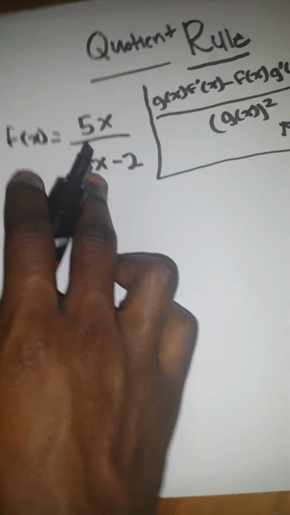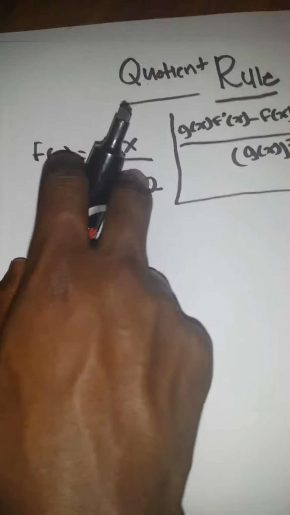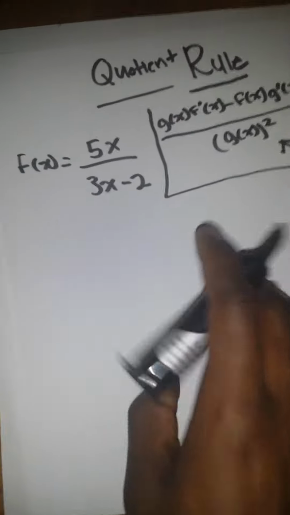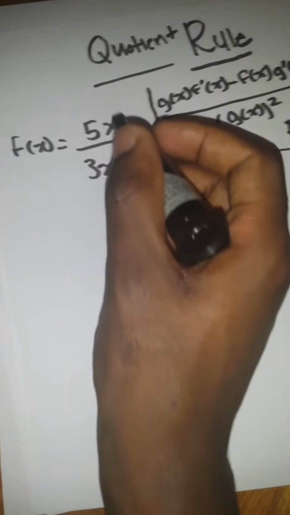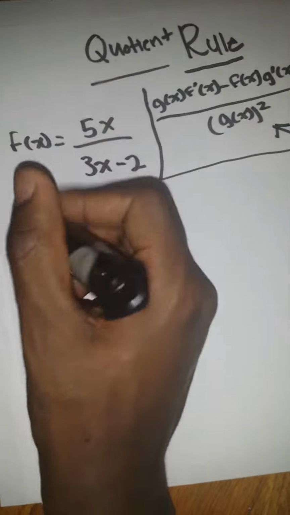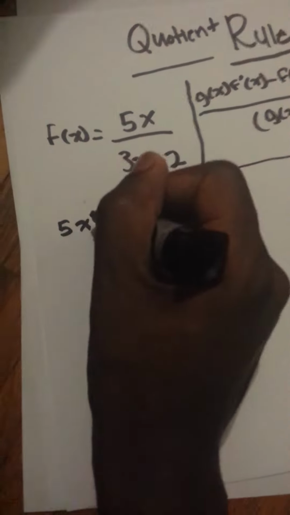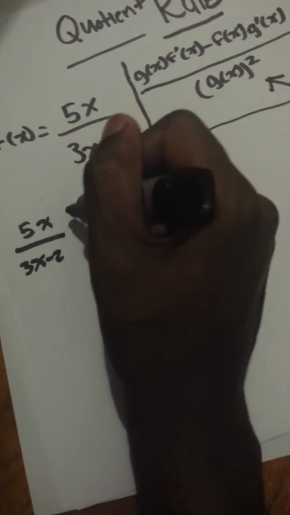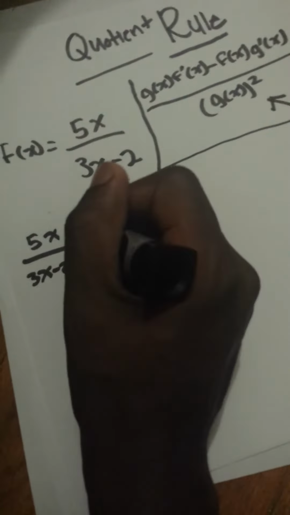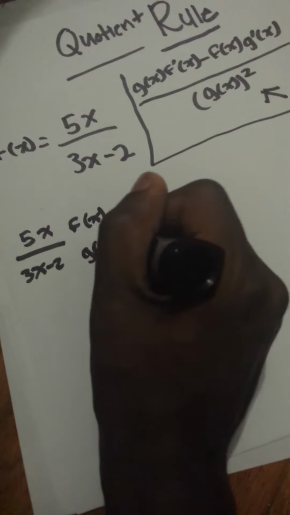Alright, so to start off, we want to find the derivative of this function. We see that two things are being divided, so we know we have to use the quotient rule. What I would normally start off by doing is labeling each part of the quotient, the numerator and the denominator. The numerator would be labeled as f of x, and the denominator will be labeled as g of x.